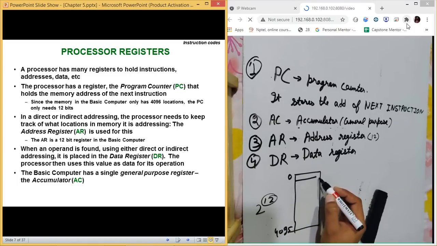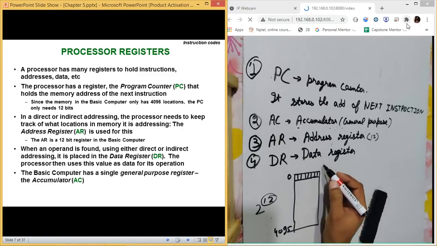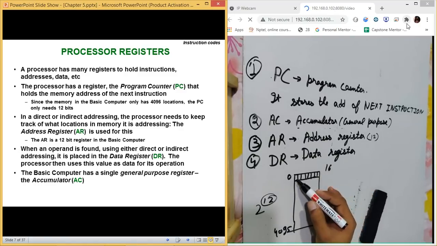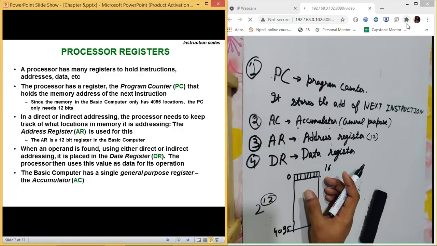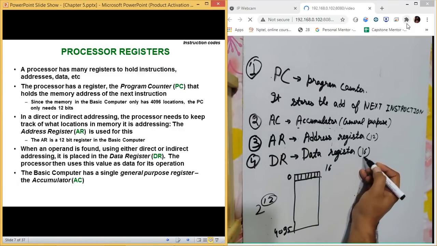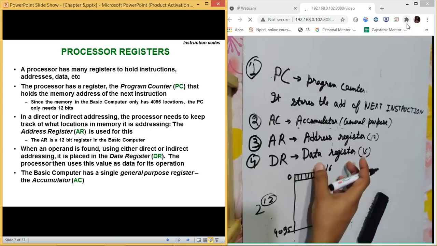And how many bits were stored inside one word? They were 16. So how much data was stored? 16 bits. So at one time, if my data register wants to store a value, it should have the length of 16 bit. Only then it will be able to store this one word inside it.